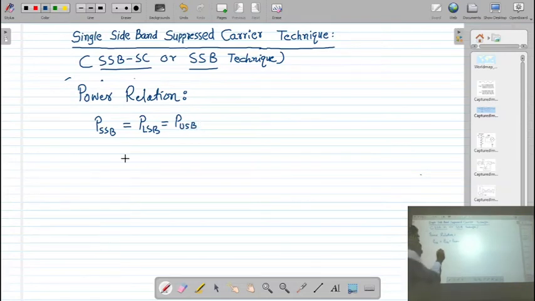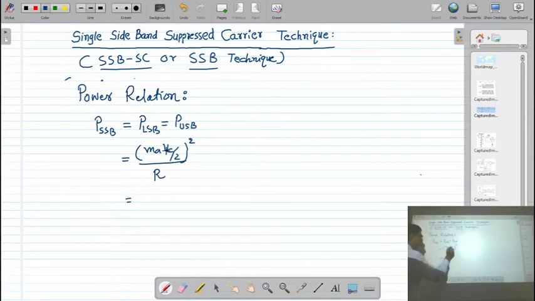Correct? And the power we can calculate with the formula V squared by R. So what is the amplitude of the lower sideband? It is (MaVc/2) whole squared divided by R.